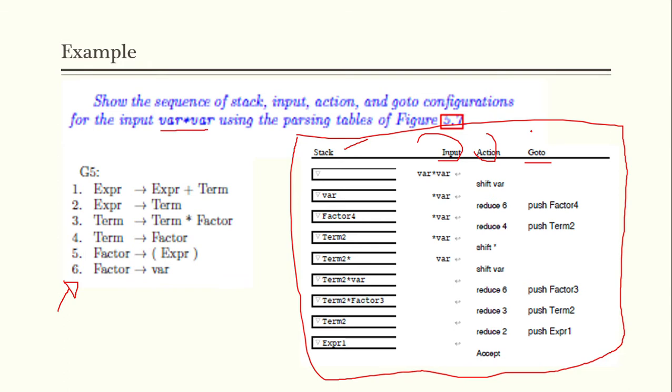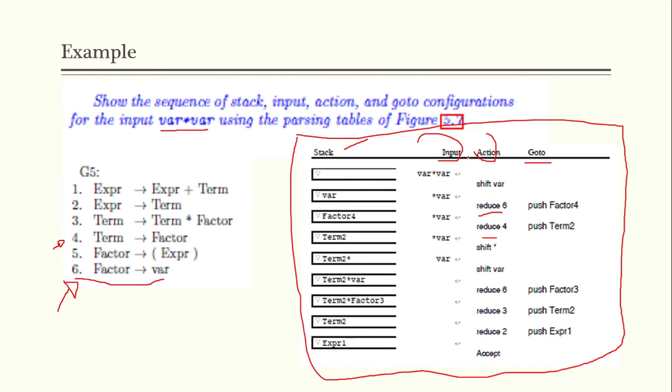Goto will only be read if the action is reduce. When the action is shift, you don't have to read the goto. You only read goto if the action is reduce. Reduce 6 here means rule number 6. If it's reduce 4, it means you refer to rule number 4.